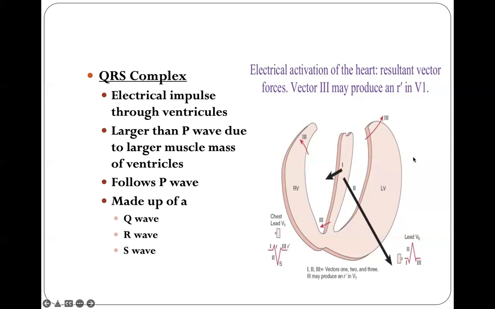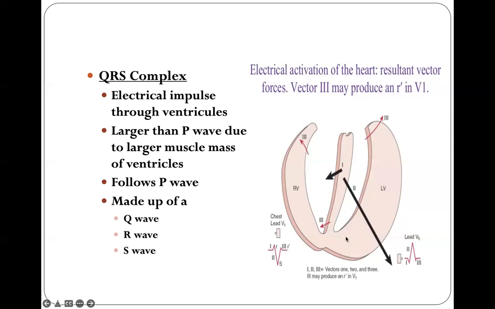And when it goes away from a lead, it will produce a negative one. So here it is directed towards V1, so it produces a positive wave, which is an R wave. And it goes away from V5, so it produces a negative wave, which is a small Q wave.